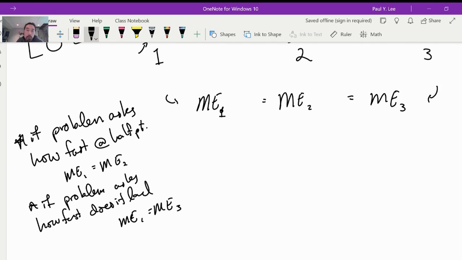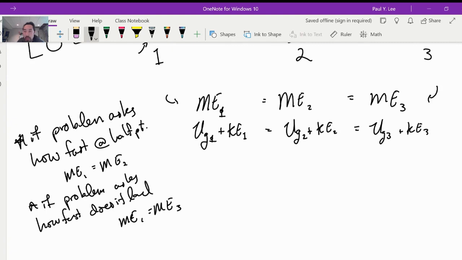And so for this situation here, we can say gravitational potential energy initial plus kinetic energy initial equals gravitational potential energy 2 plus kinetic energy 2, which is equal to gravitational potential energy 3 plus kinetic energy 3.